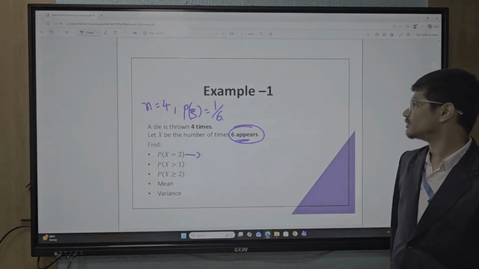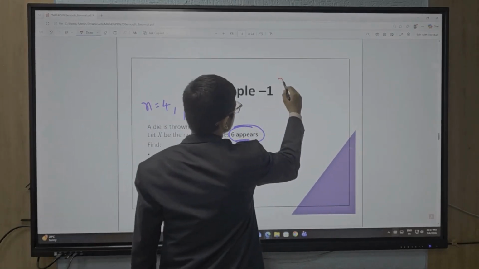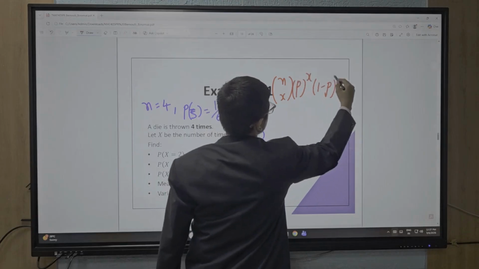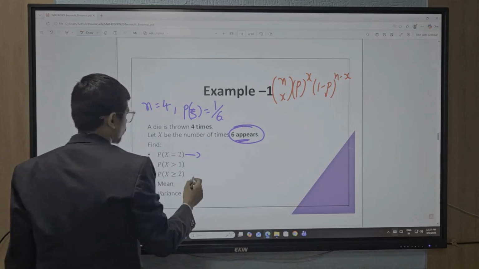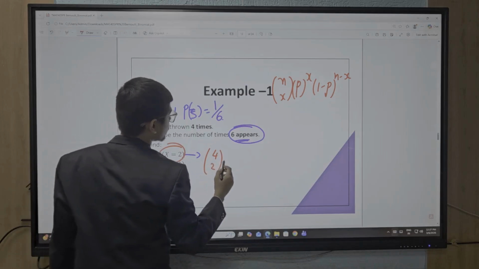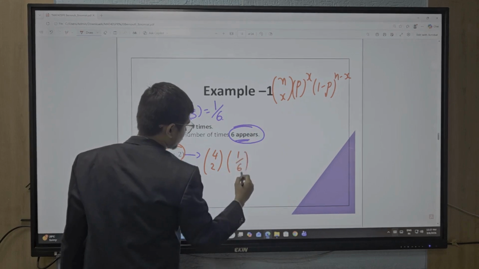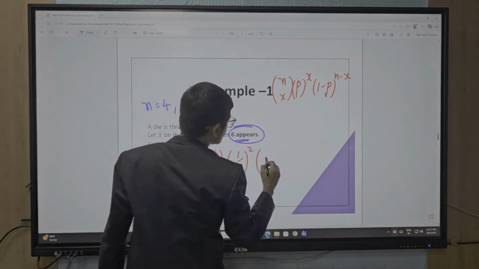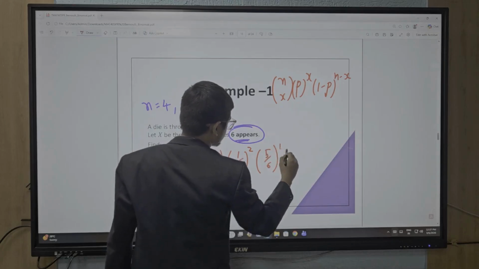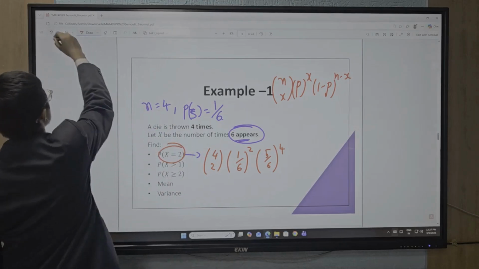Now what is the value of P of x equal to 2? It is nCx p raised to x into 1 minus p raised to n minus x. So 4C2 into 1 by 6 raised to 2 for success, and failure means 5 by 6 raised to 2, sorry, my mistake.